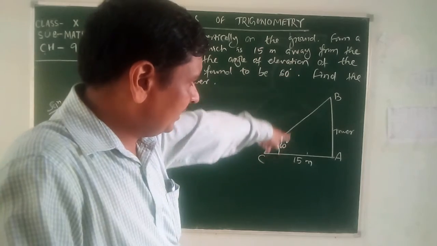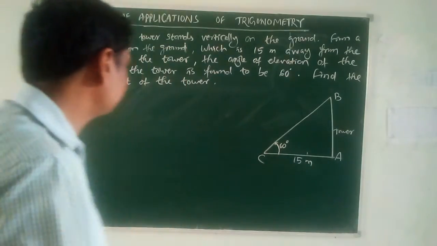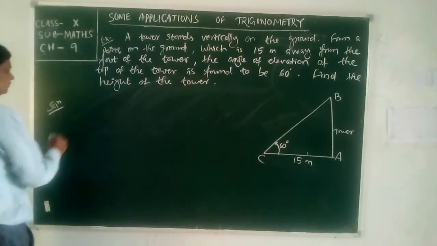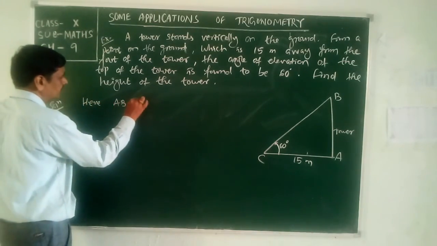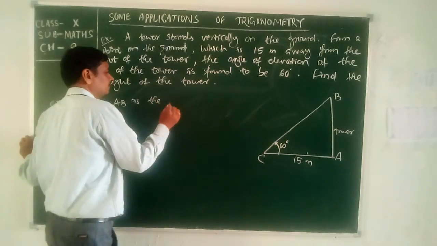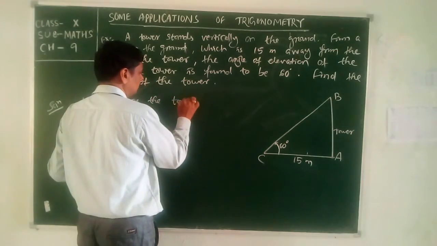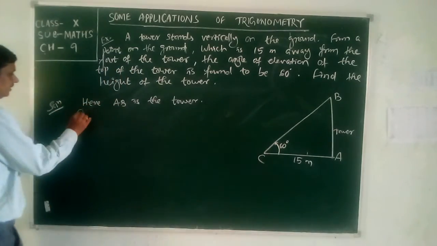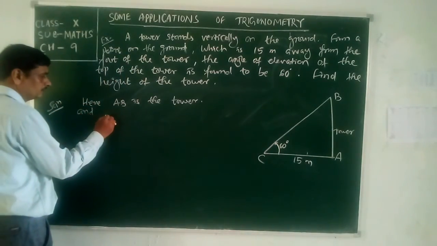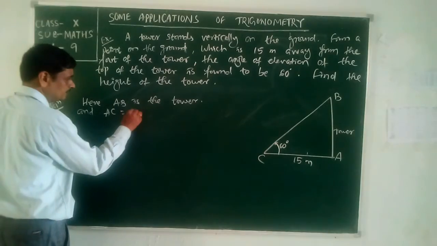That means we have to find the length of AB here. Here, AB is the tower and AC is 15 meters.